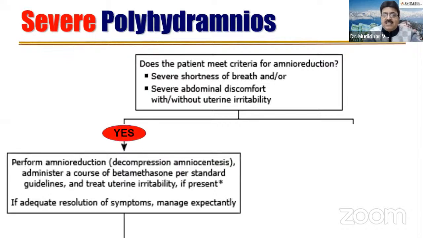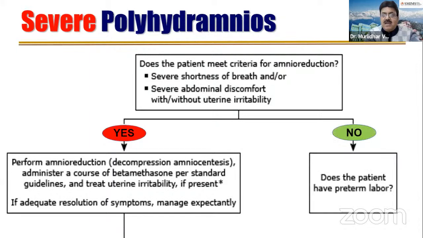If the answer is yes, then you have to perform amnio reduction, that is decompression by amniocentesis, administer a course of betamethasone per standard guidelines because there is a chance that she may get into preterm labor, and treat uterine irritability with tocolytics if contractions are present. So if adequate resolution of symptoms happens, thereafter you can go for expectant management.